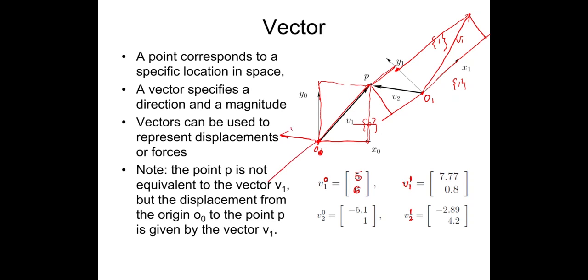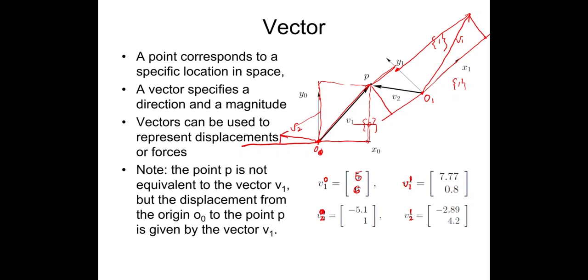0. Okay, so I parallelly move my V2 to here, and again these two should be parallel. So if we move it here to the frame 1, now we have my V2 0, because the reference is 0, so we should use x0 and y0.